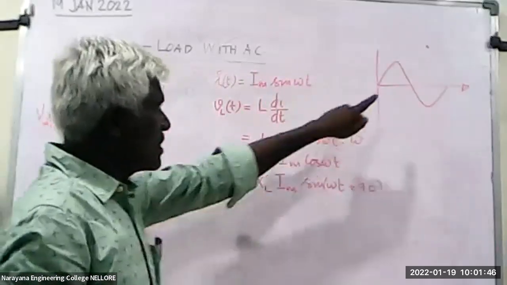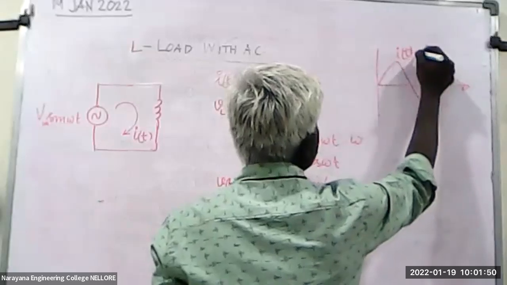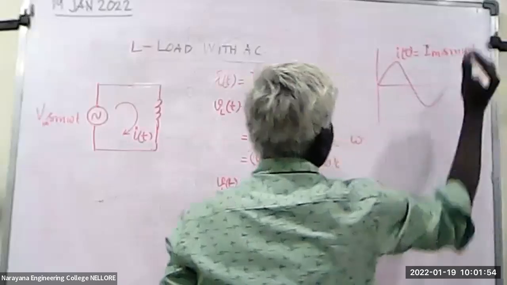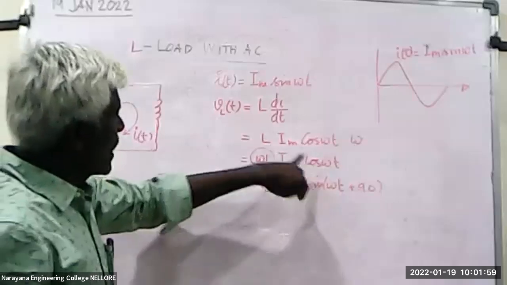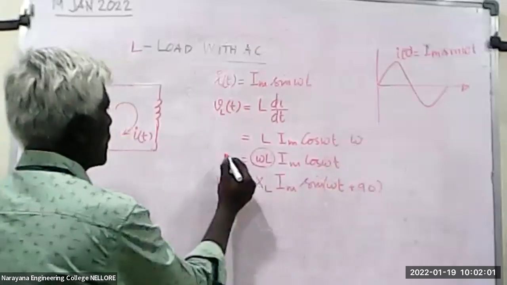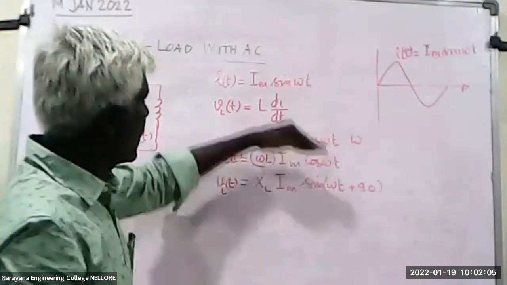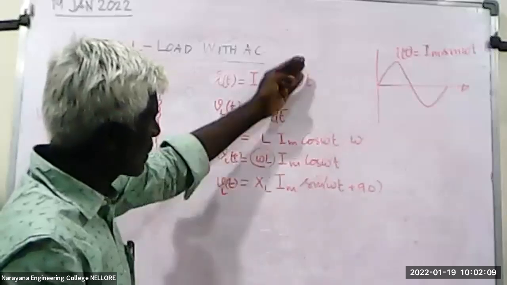Okay. What is this one? This is my current. Why is it my current? I take this as Im sin omega t. Now, what do I get? The voltage. Voltage is not sine, it is cos. You see, in this case, VL of t is not sine, it is cos. But I take the reference of sine. What is the relation between sine and cos?